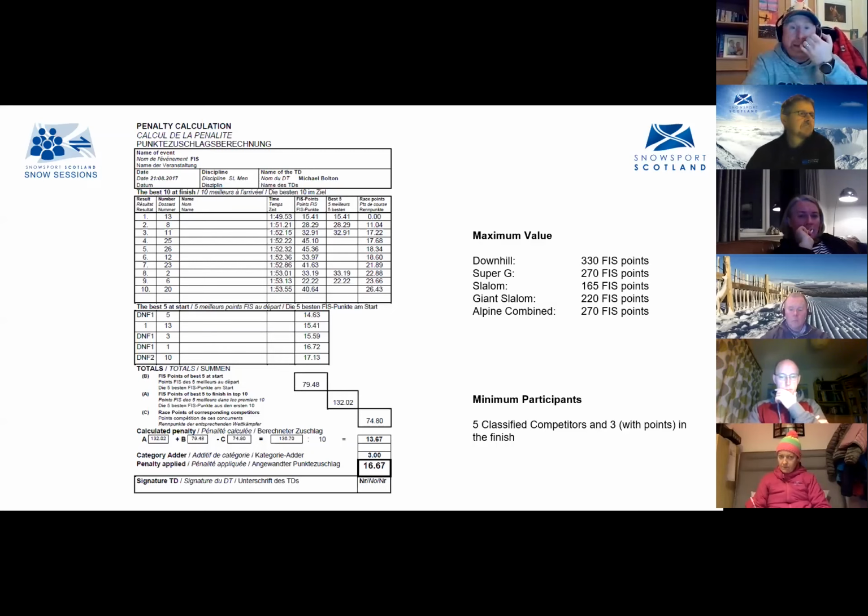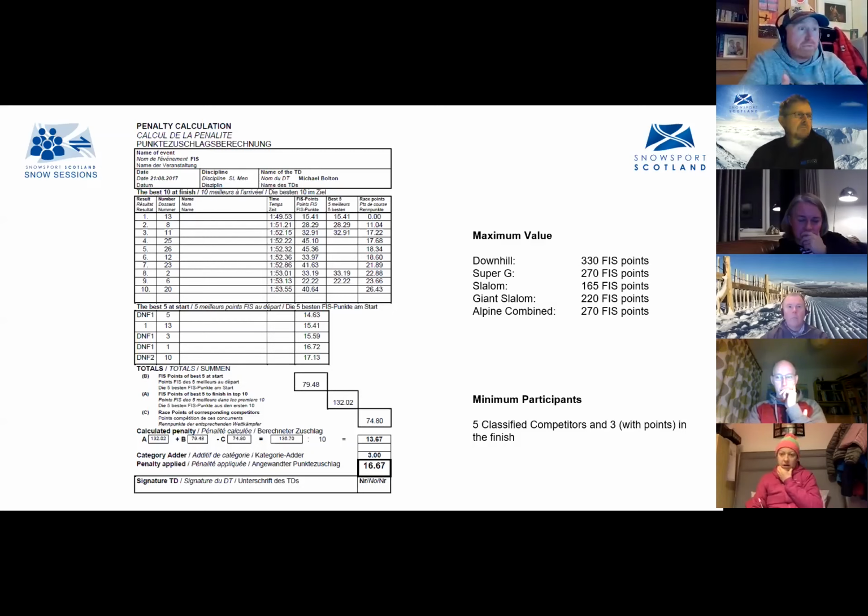Now, with these values, and I have had this happen only in Scotland, as you work through this calculation, if you do not have enough to make up the calculation, there are what are called maximum values, and I've added them on the page as well. They get drawn into the calculation in the absence of somebody finishing with FIS points. I often get asked about minimum participants, which is the very bare minimum number of people that you require to run a race.